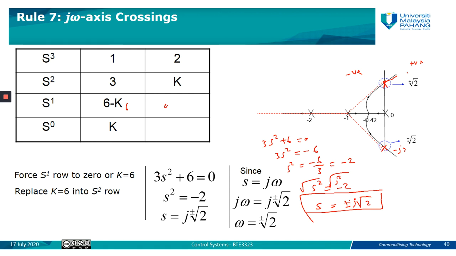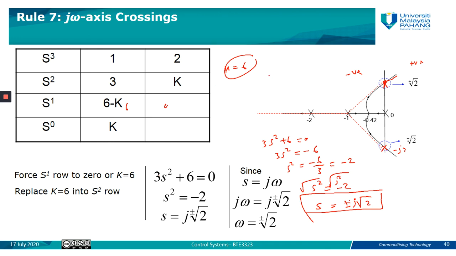If you have at least one pole on the right side, your system will become unstable. At this point, the gain has a value we can calculate, and as we said, the value of the gain is equal to 6. The gain of 6 will make the system marginally stable.